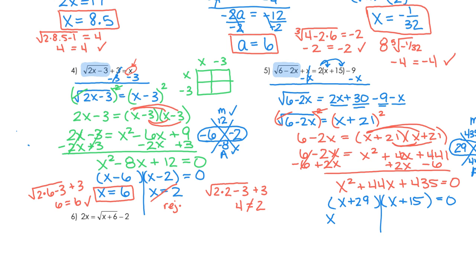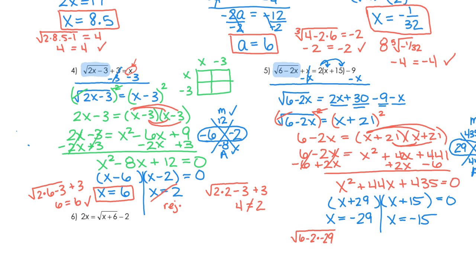All right. One solution comes out to be negative 29, and my other solution comes out to be negative 15. And now I got to go back and remember to check them, because with radical equations, they're not always checkable. Okay. And so here we go. Going all the way back up to the top of my original equation, I'm going to type in my calculator a square root, and underneath there I'm going to put 6 minus 2 times negative 29.